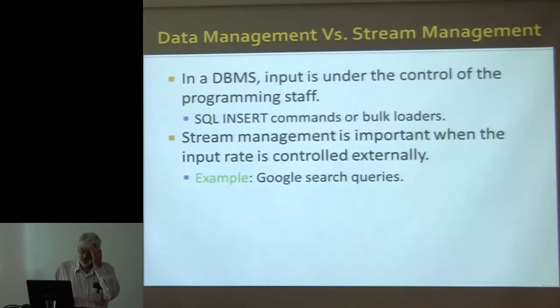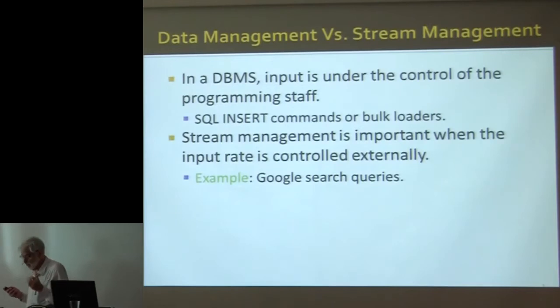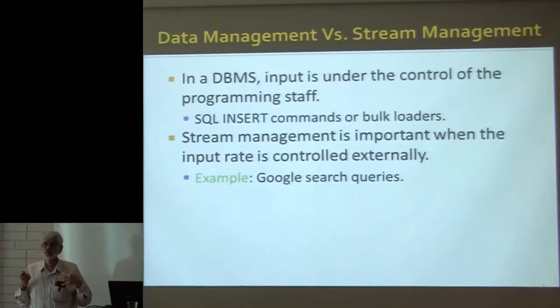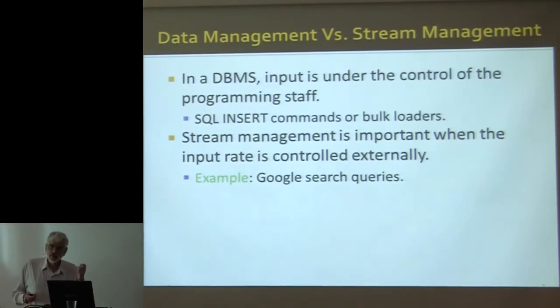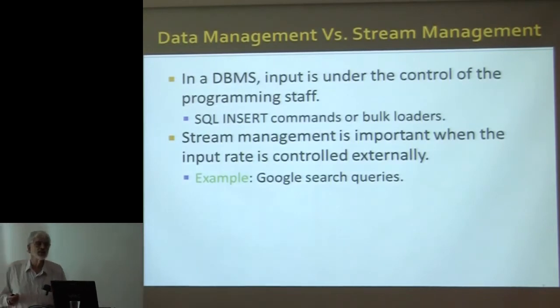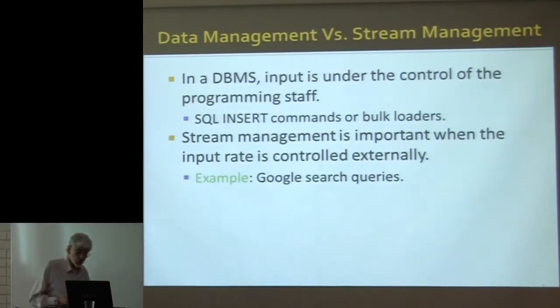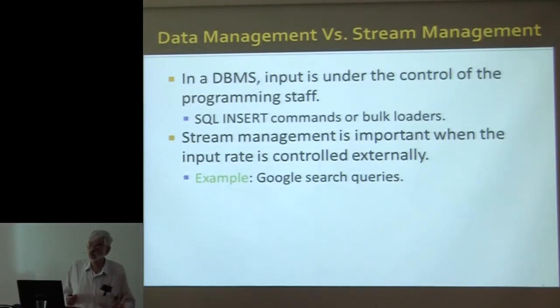Okay, so the key difference between data as a database person sees it and data as a stream management system or person sees it is that in a database system you control the rate at which data moves and comes into your database system.